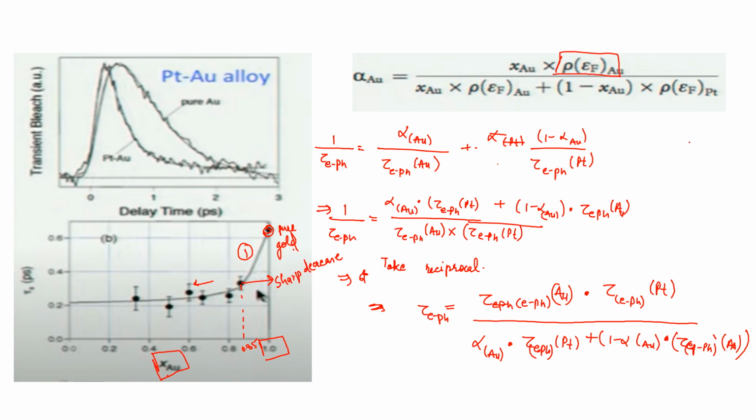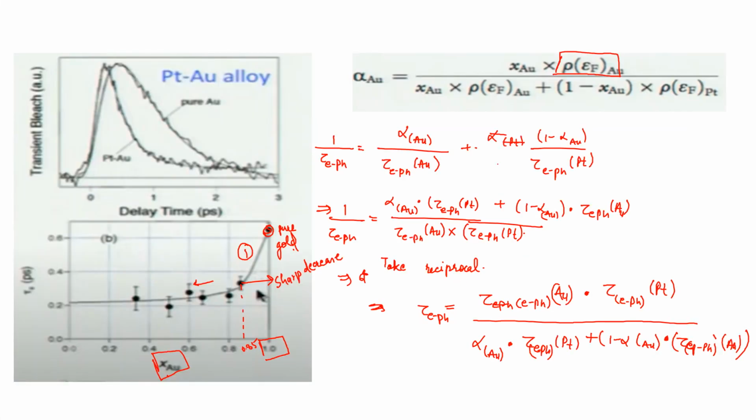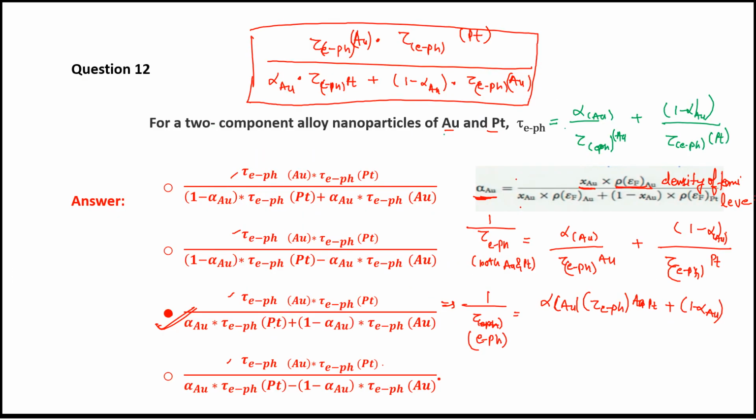Okay. Now we'll also come to the next question, which is similar to this formula. In the next question, the variation in the electron phonon coupling of the gold and platinum alloy nanoparticles is not a linear composition because of the difference in the density of states.